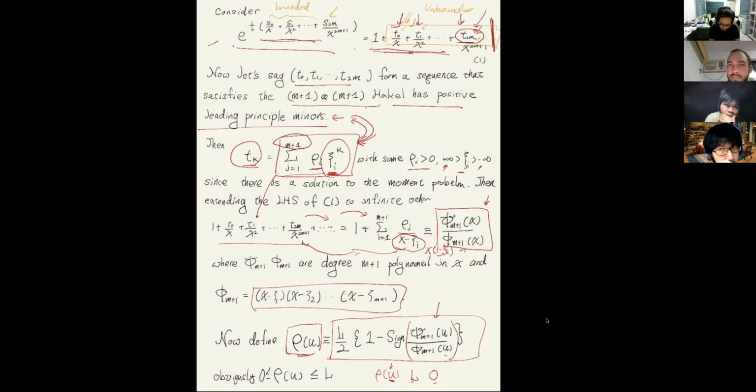And the proof was very simple, right? If we can impose this sufficient condition on T, that it sits in the solution for the unbounded problem, then that means T has a representation in terms of this with some rho where rho is unbounded, right?